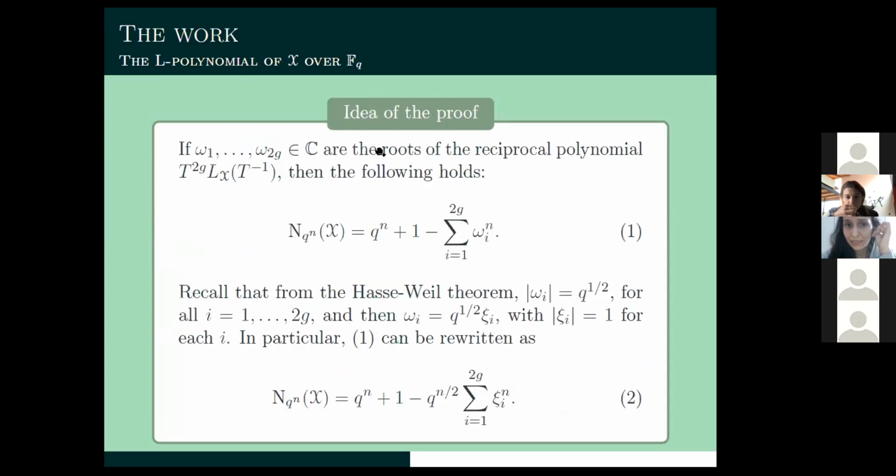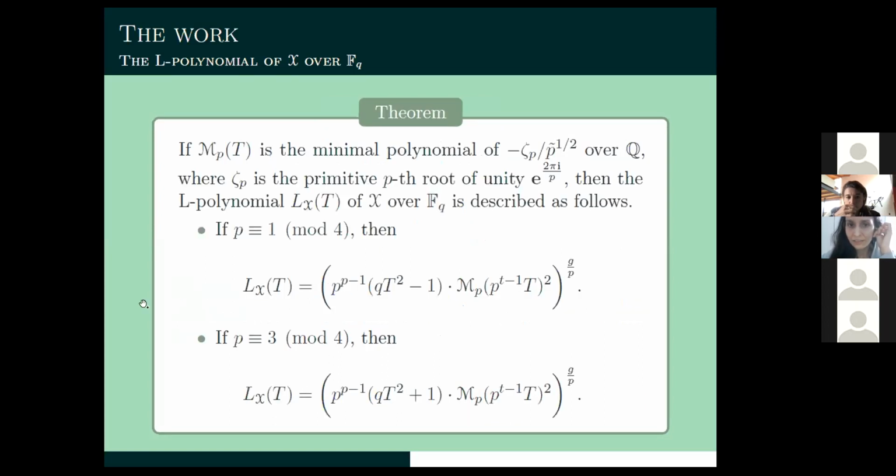The idea of the proof is only to consider the basic definition that associates the roots of the reciprocal of the polynomial to the number of rational points. And considering this relation and playing a little bit with some roots of unity, we can provide these expressions here.